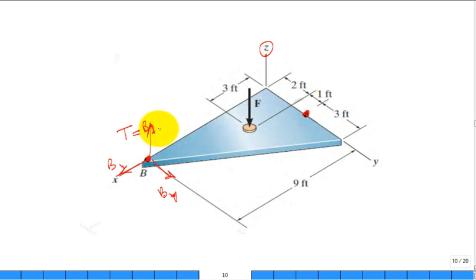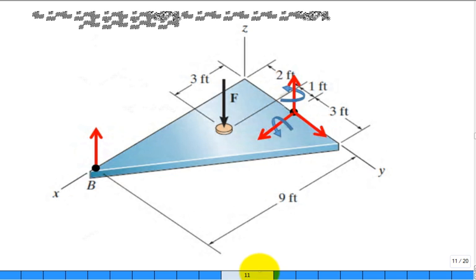No, it's just one there at B, and I know exactly its direction, and that's the unknown tension in the cable. Likewise, I come out and do the same thing at this point A. Well, I think I've done that, so let me show you. Here's a rendition.